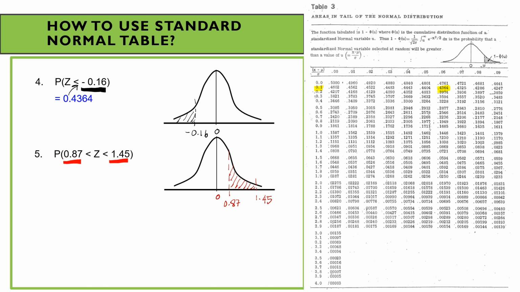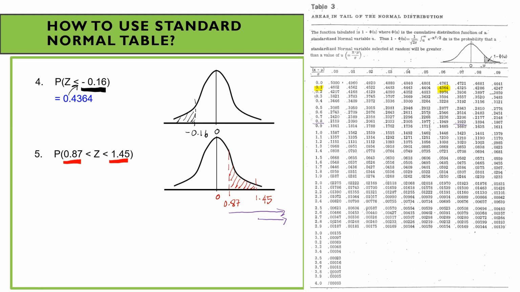The first one is based on 0.87. The next one is based on 1.45. So 0.87: 0.8, and then 0.07.